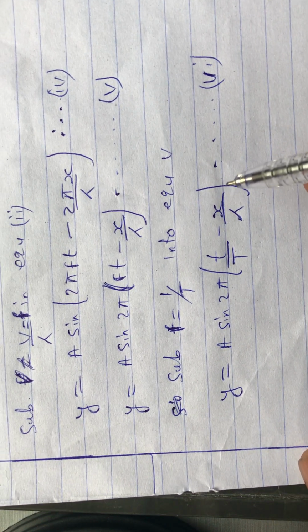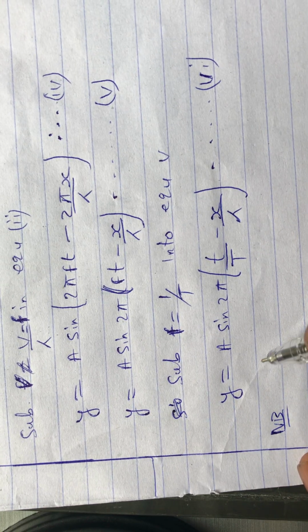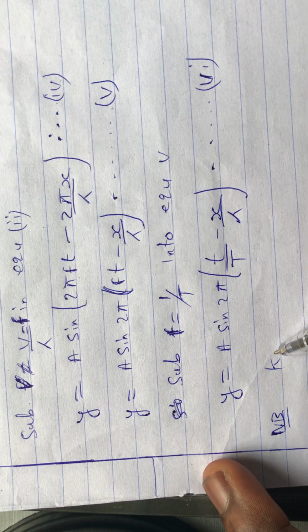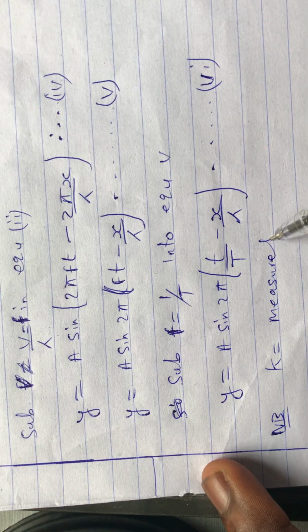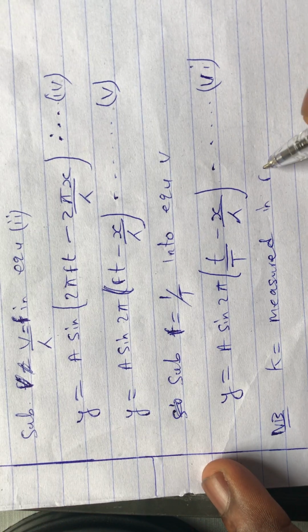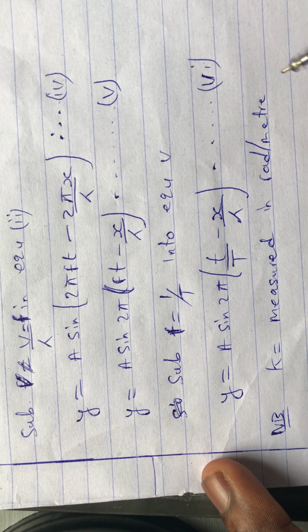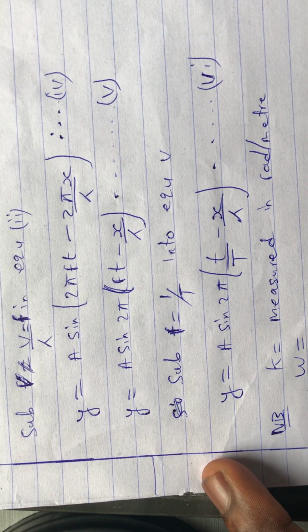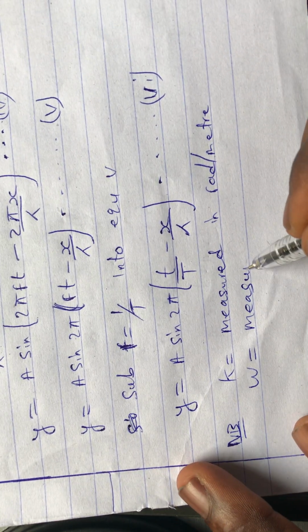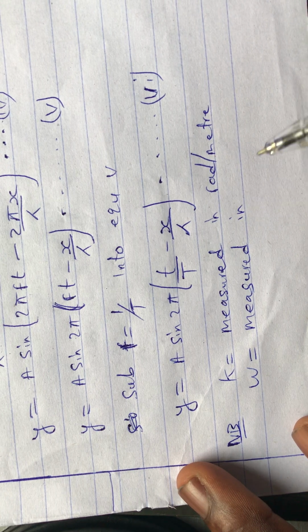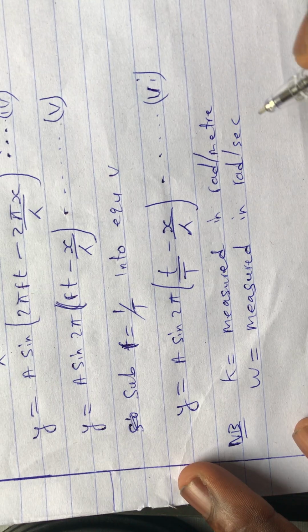And also note that our k is measured in radians per meter, and our omega is measured in radians per second.